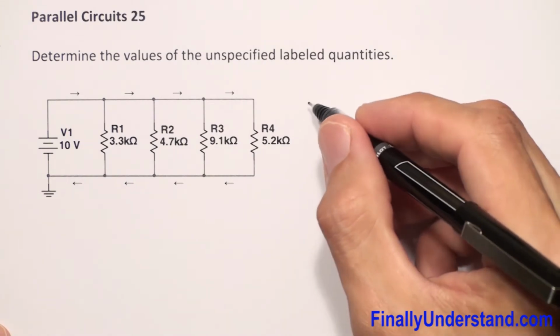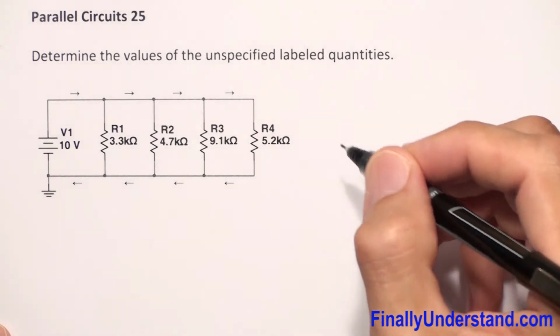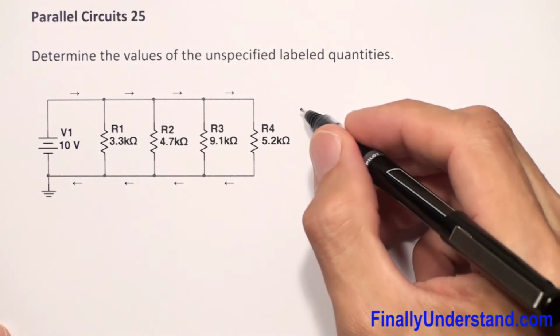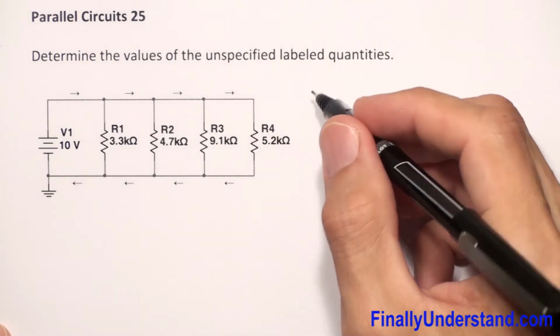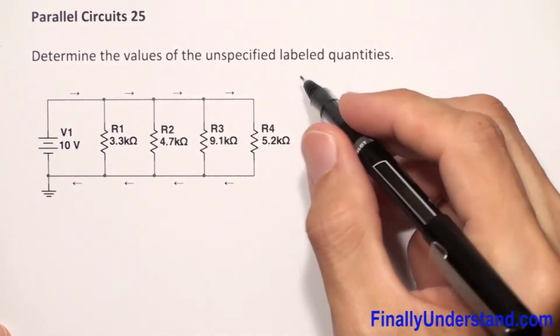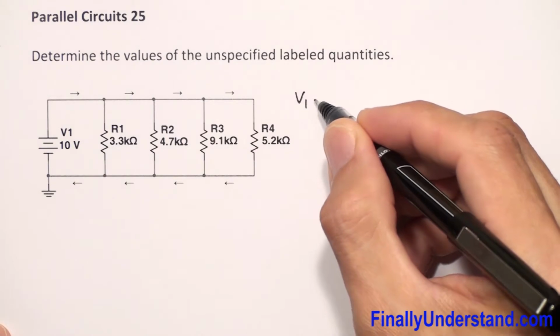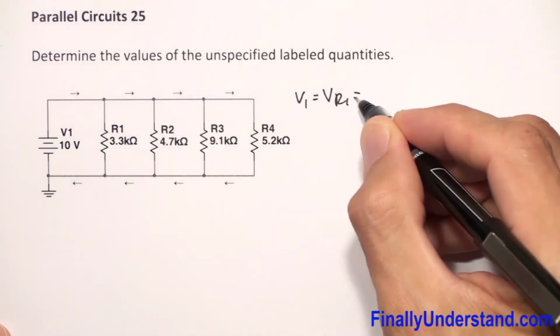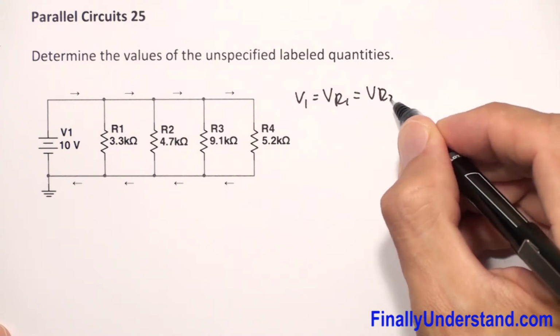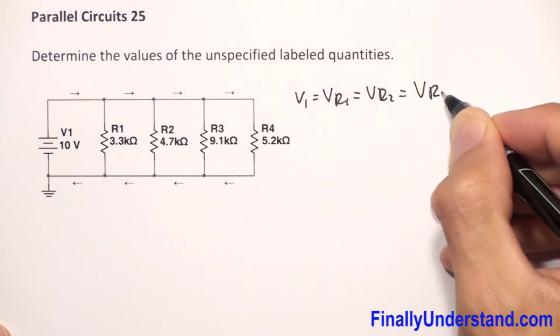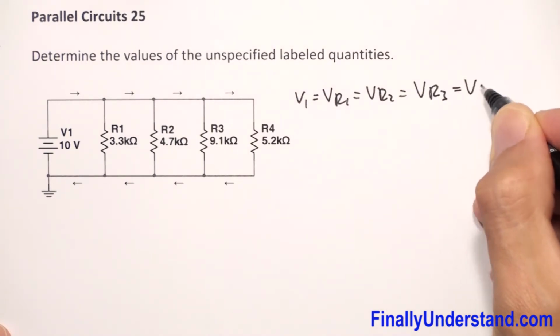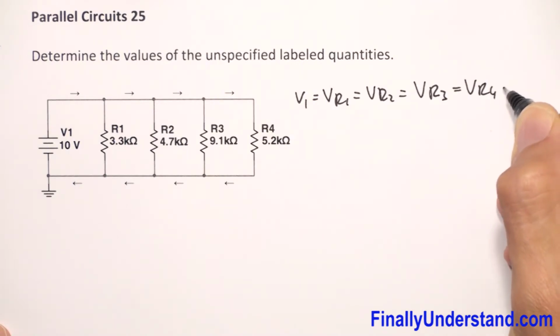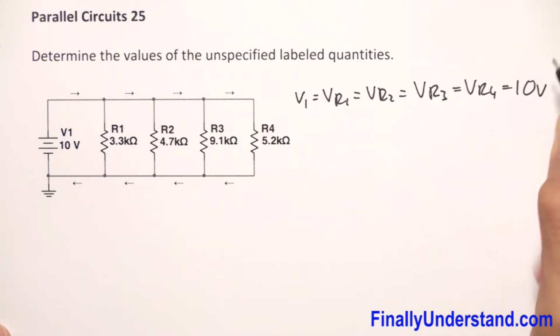So I'm going to use Ohm's law, okay? Just keep in mind, before I start, that by KVL, V1 is equal to VR1, which is also equal to VR2, VR3, and VR4, and this is equal to 10 volts.